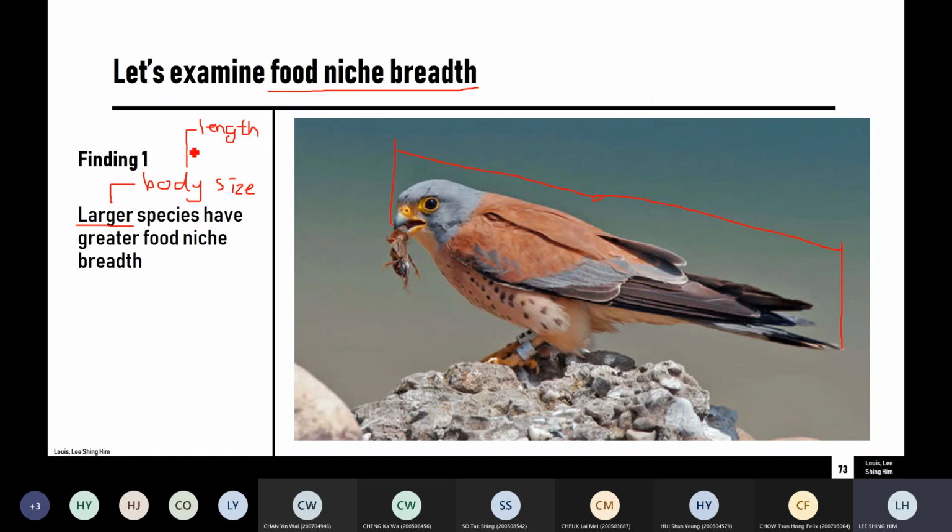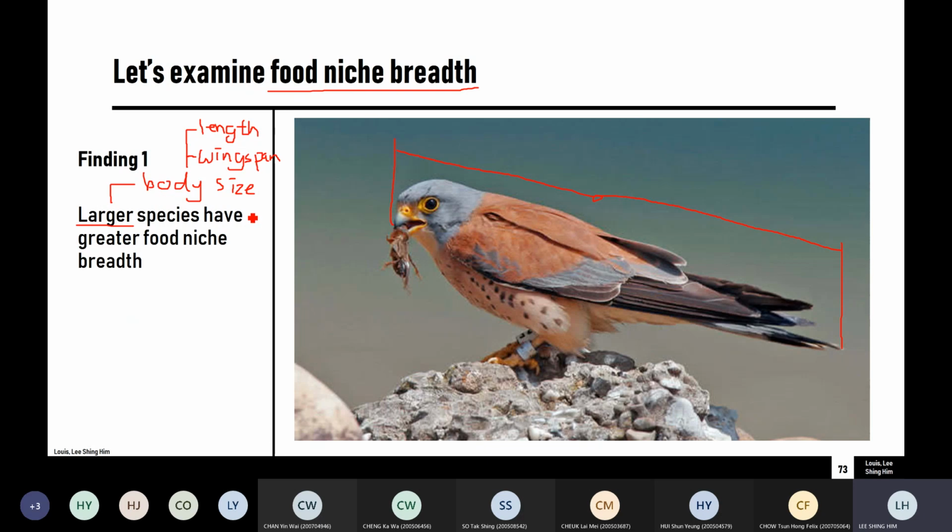On the other hand, if we have a specimen, 標本, we can spread their wings, and then we can get something called a wingspan. 翼展, okay, so we span their wings and measure the distance from the tip of the left wing to the tip of the right wing. So that is wingspan.